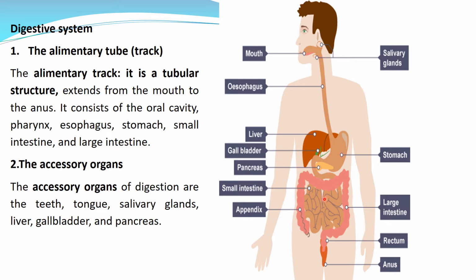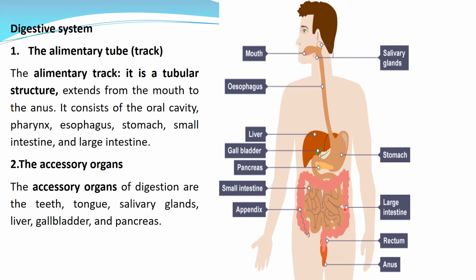It is the longest part of the digestive system. It is made of different sections, duodenum and ileum. Then what we have is the large intestine, and the rectum and anus.